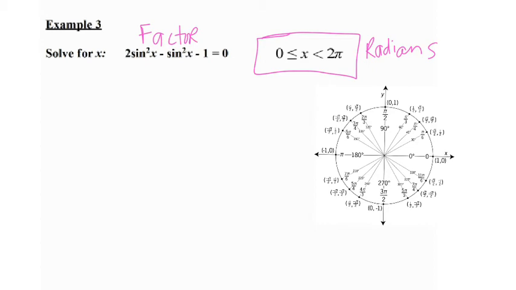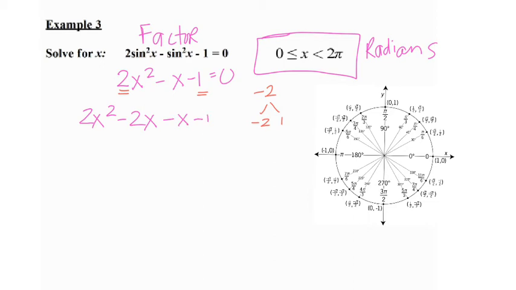And especially when I come to factoring problems, I have to take the sine out, or I can't see what's happening with all those letters in the way, so I just write it like this. This is going to be one of those AC method, where you take A times C. So I get negative 2, and factors of negative 2 that add to negative 1 are minus 2 and plus 1. So then you split that middle one up.